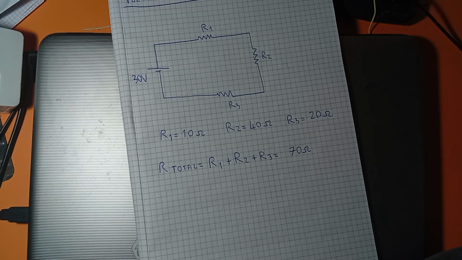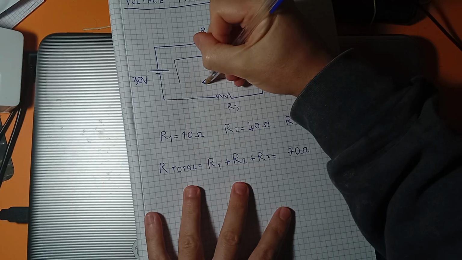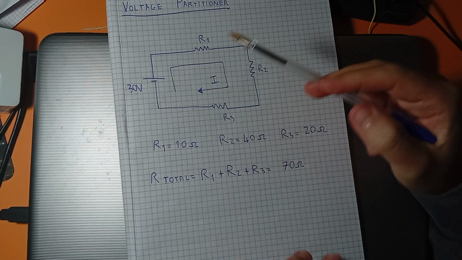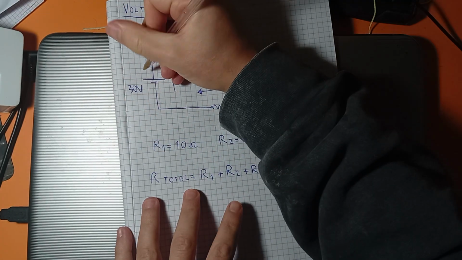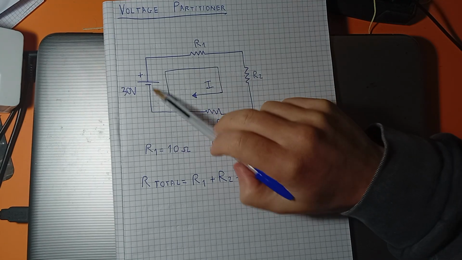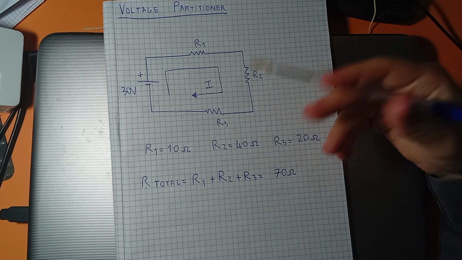And then I have to calculate the value of the current. This is the current. It flows in this direction, conventionally, because we know that the conventional direction of current is not the real direction of electrons. How much is it?